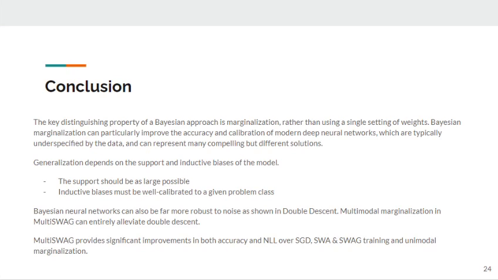The support should be as large as possible, and inductive biases must be well calibrated to a given problem class. Bayesian neural networks can also be far more robust to noise, as shown in double descent. Multimodal marginalization in MultiSwag can entirely alleviate double descent. MultiSwag provides significant improvements in both accuracy and negative likelihood over SGD, SWA, and SWAG training and unimodal marginalization.